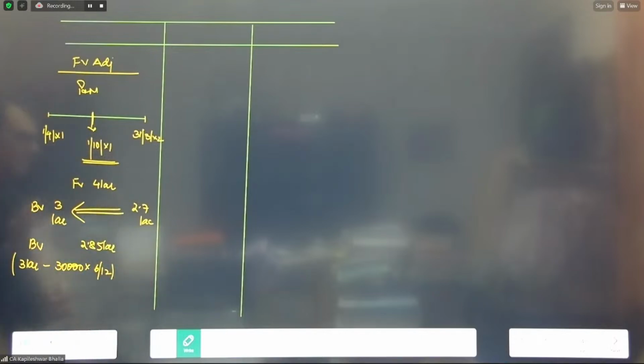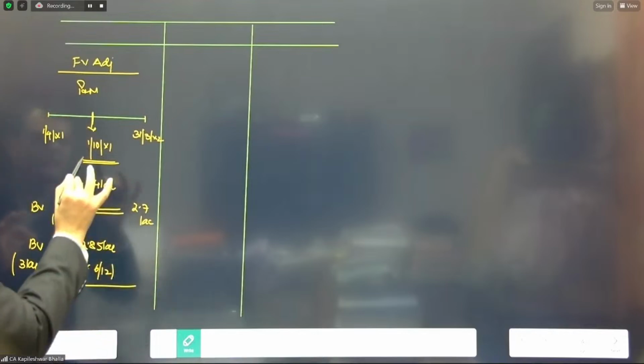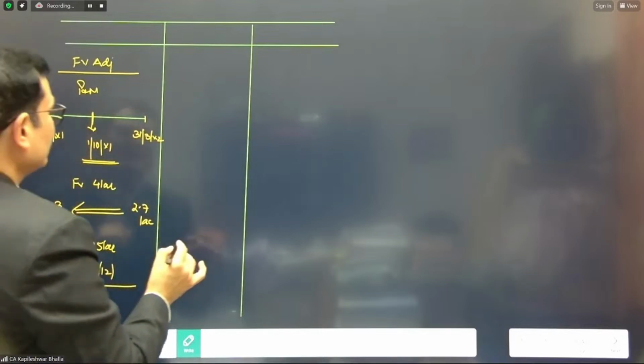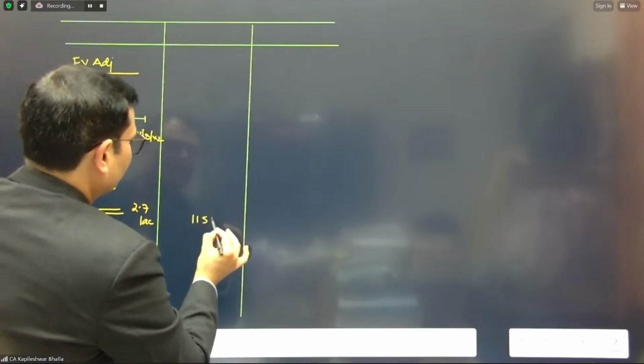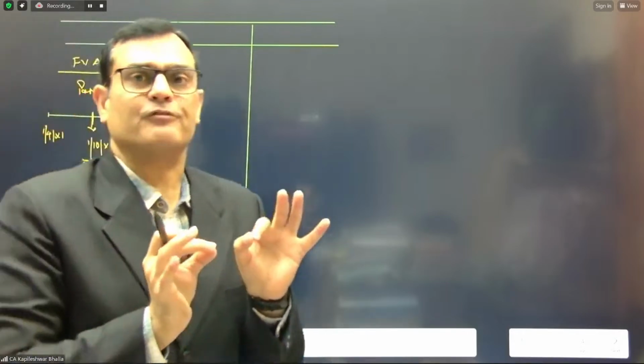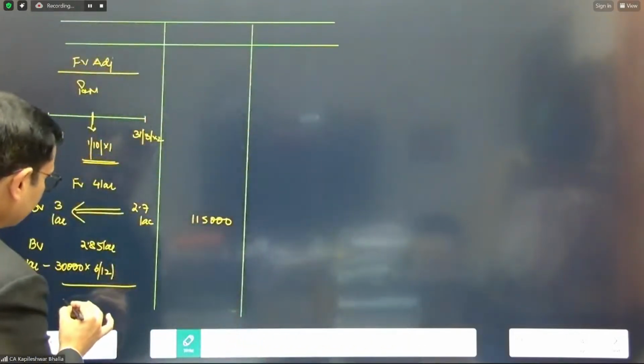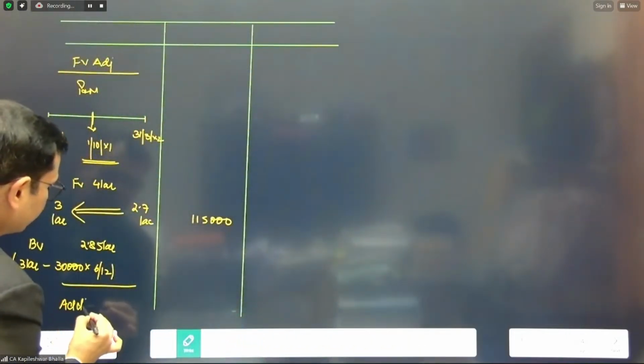So now we can compare that the fair value is 4 lakh and the book value is 2.85. So there is a fair value change of 1,15,000. There is a fair value increase which becomes pre to the extent of 1,15,000. And then what comes to the mind is the additional depreciations to be taken.